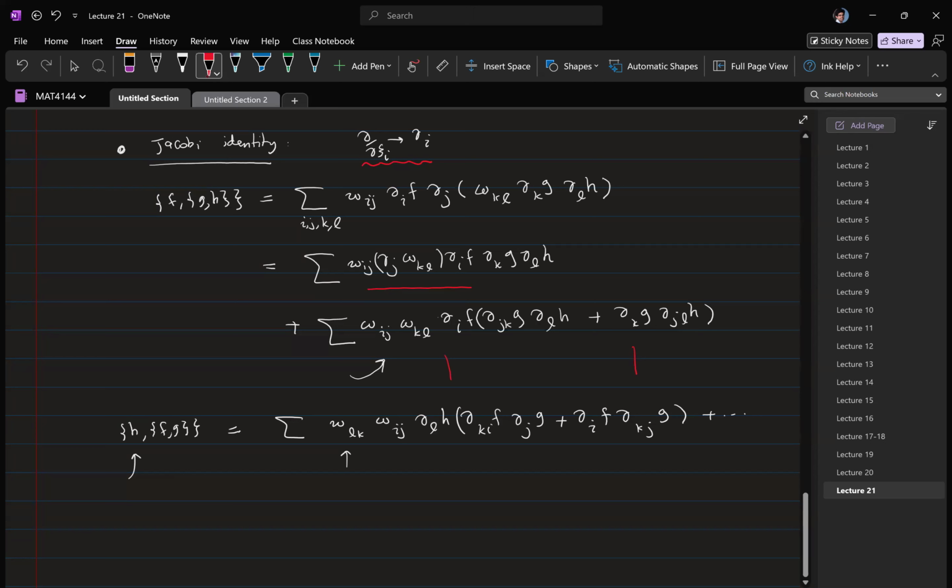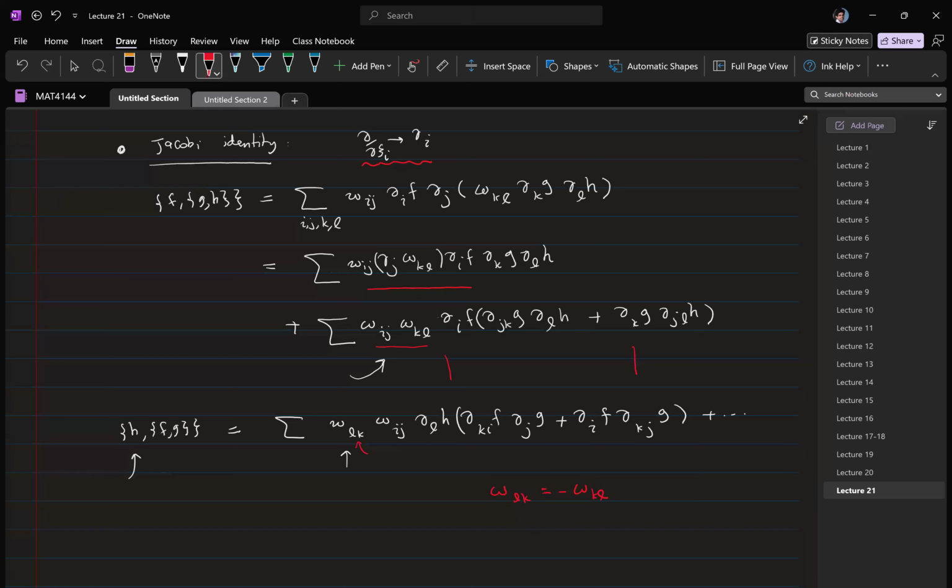Let's see what happens. So here I have like a LKIJ. The correspondence seems to be IJKL. It's just that the indices are in the opposite order, which is good because now WLK we know is minus WKL. This is because of the skew symmetry of the bracket. Okay. And then the other terms, how do they compare?